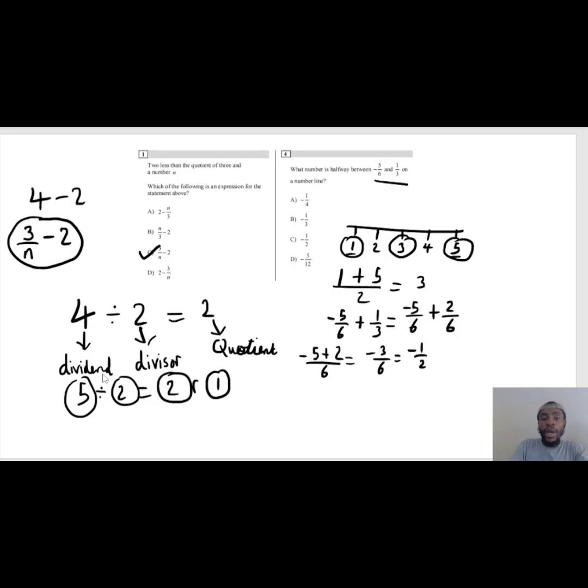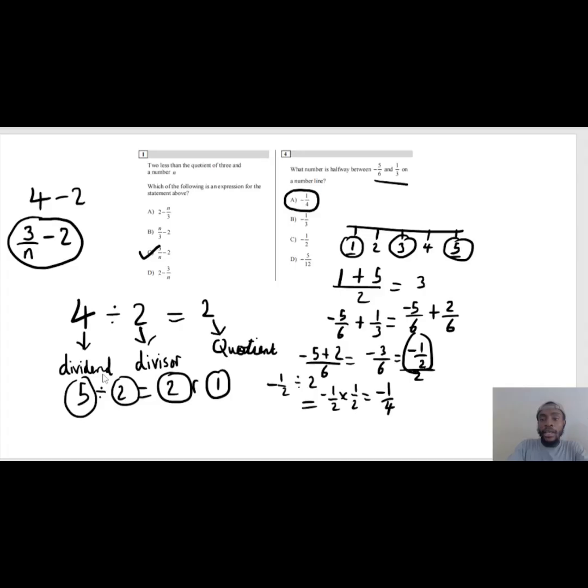But halfway, so we have to divide whatever we get by what? 2. So it becomes minus 1 over 2 divided by 2. And that's what? Minus 1 over 2 times 1 over 2, which is minus 1 over 4. So the number that is halfway between minus 5 over 6 and 1 over 3 is what?